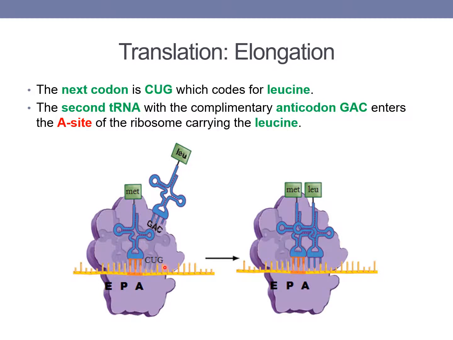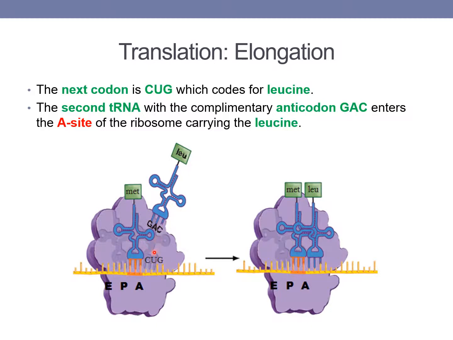This next codon codes for leucine. Now, these are just codons that are being used as examples. This next codon can be any of those 20 amino acids that were listed in that master genetic code table. But in this case, the next codon is CUG, which stands for leucine.